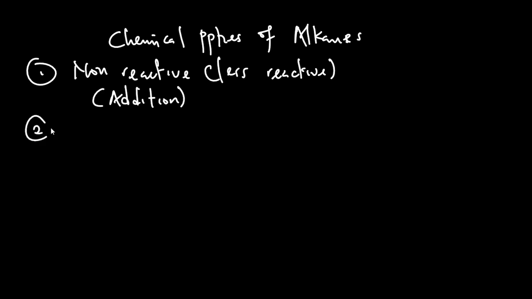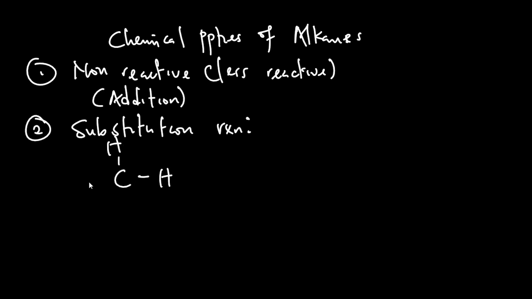The second one is that even though they don't undergo addition reactions, they undergo what we call substitution reactions. Say, for example, I have carbon here and hydrogen. Let's use methane as an example. This here is methane, and then I react it with chlorine.